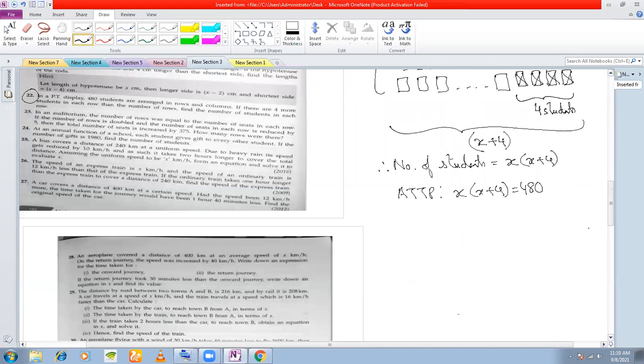Now we will attempt to solve this quadratic. So this will give you x square plus 4x minus 480 is equal to 0.